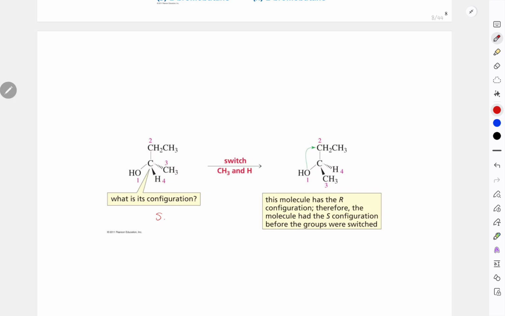But what you are doing here is just switching this methyl, number 3 substituent, and hydrogen, number 4. Then as we discussed last time, that will make the absolute configuration inverted. And if you measure or identify the absolute configuration of this asymmetric center, which is R, by the way, then automatically you know that this has to be S, because you treated it through this process.